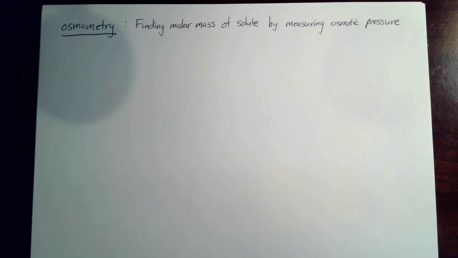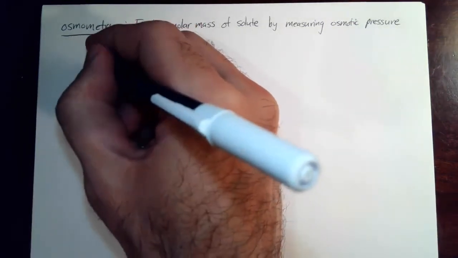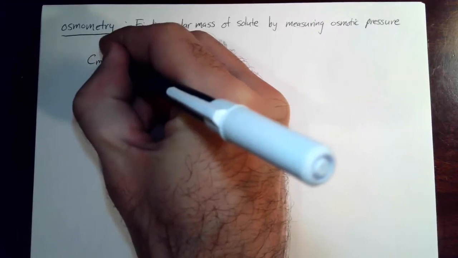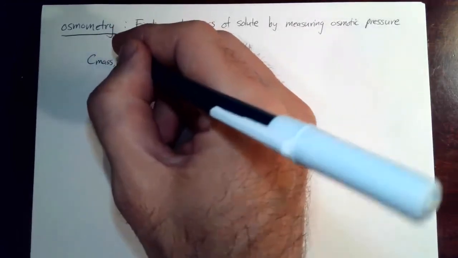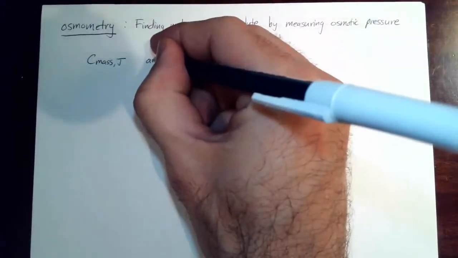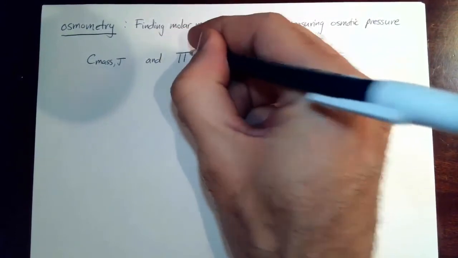There's a table of data in your book, like sample data from a laboratory measurement. The table gives us two quantities: C mass of the solute, and pi, the osmotic pressure.